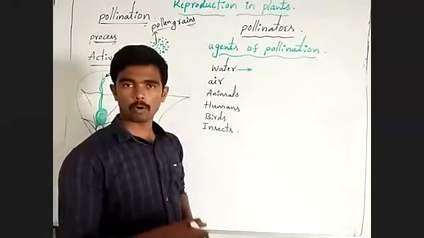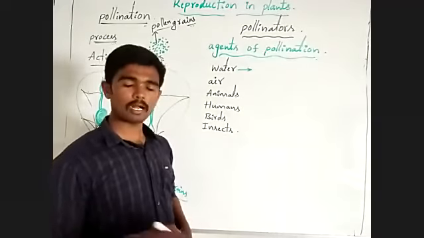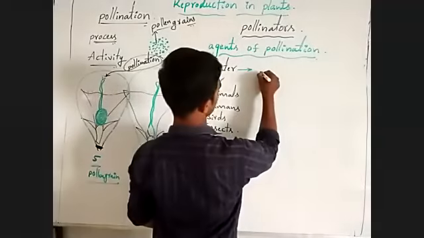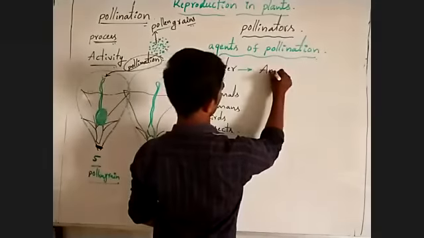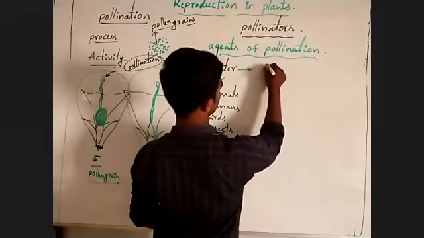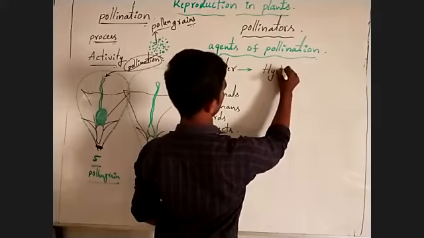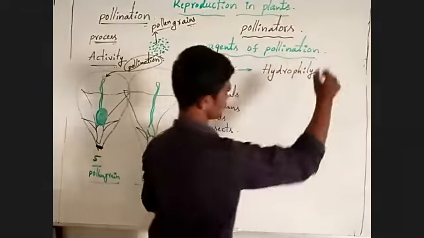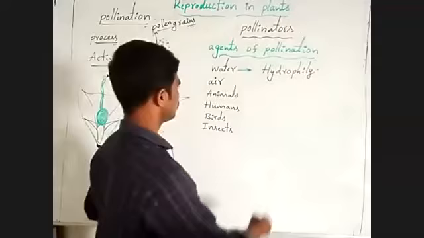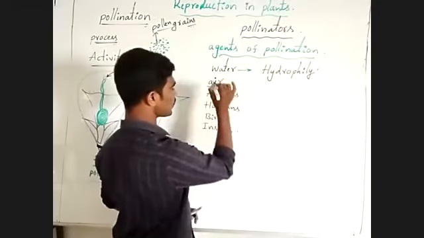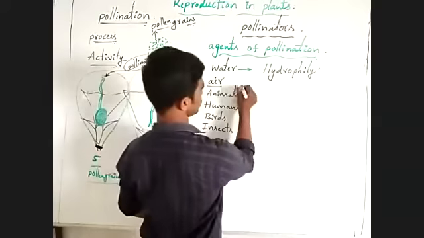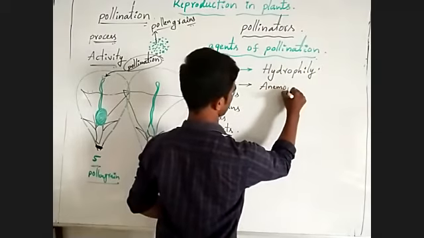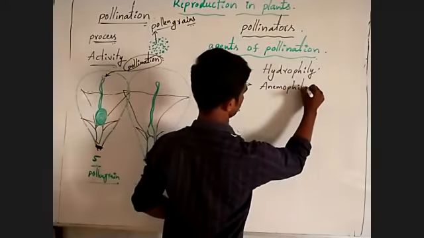If pollination occurs by water, it is called hydrophily. When pollination occurs by air, it is called anemophily.